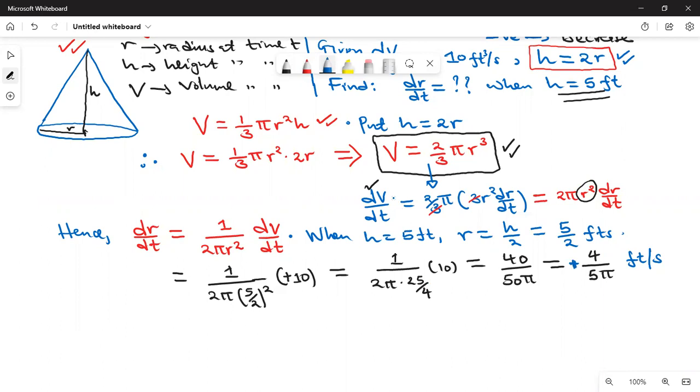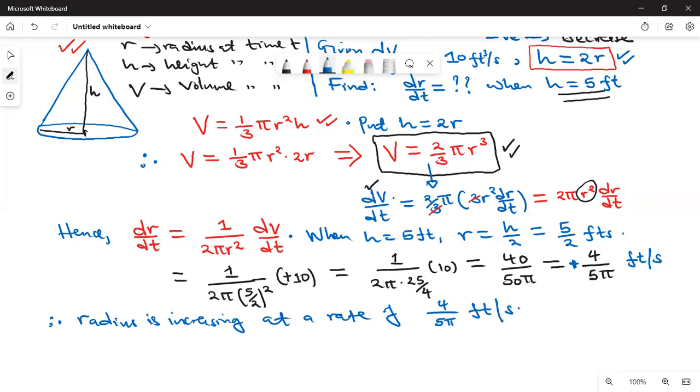So we can now conclude and say that, therefore, the radius is increasing at a rate of 4 over 5 pi feet per second.